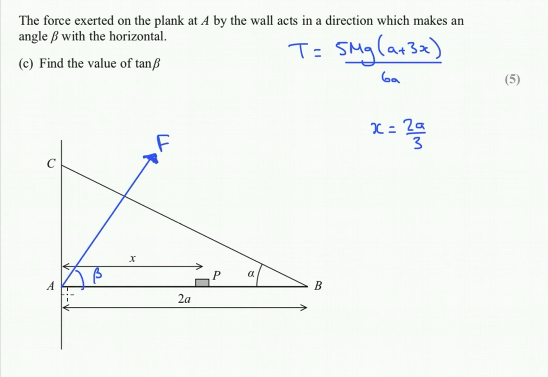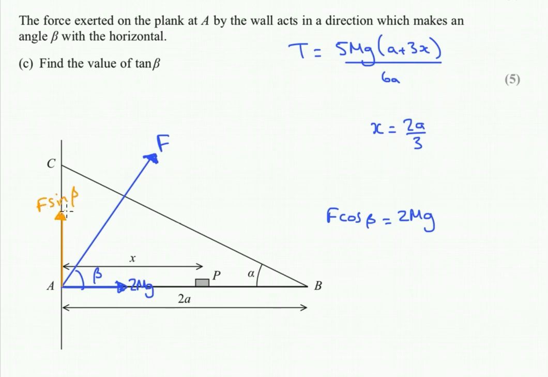We already know the horizontal component of that force. We worked that out in part B, where they told us it was 2 mg. So we can say straight away that F cos beta is equal to 2 mg. It will have a vertical component as well, coming up here, which will be F sine beta.